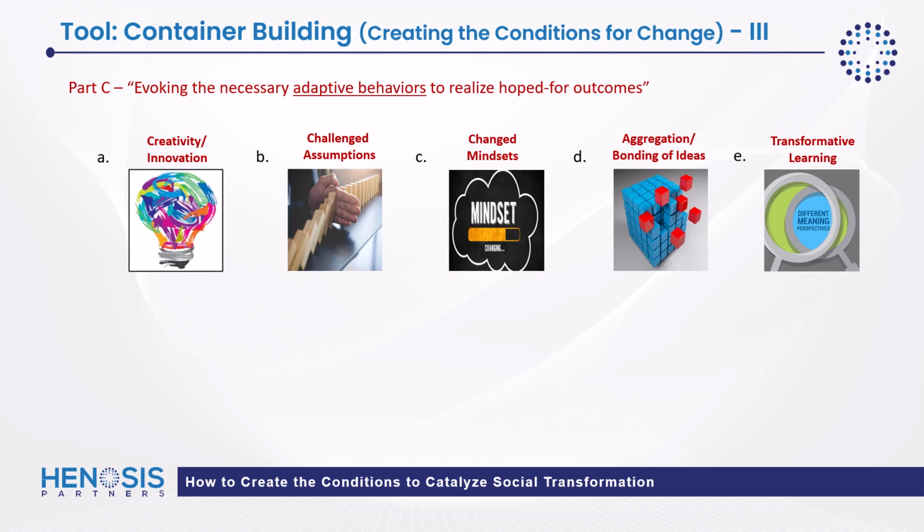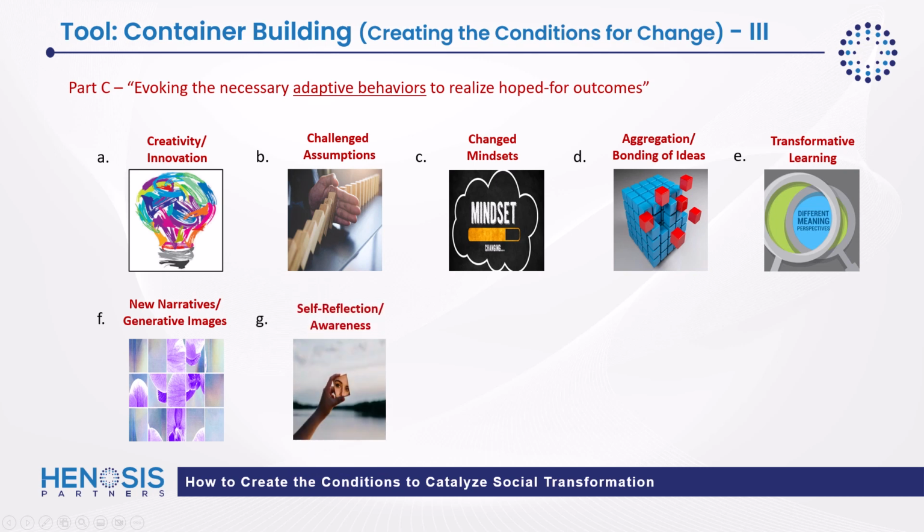In addition to evoking these adaptive behaviors to help us realize our hoped-for outcomes, we're also wanting to evoke new narratives and generative images of what could be, of what the future state might look like. We're wanting to evoke a self-reflection, a self-awareness from all involved, both individually and collectively for the system.